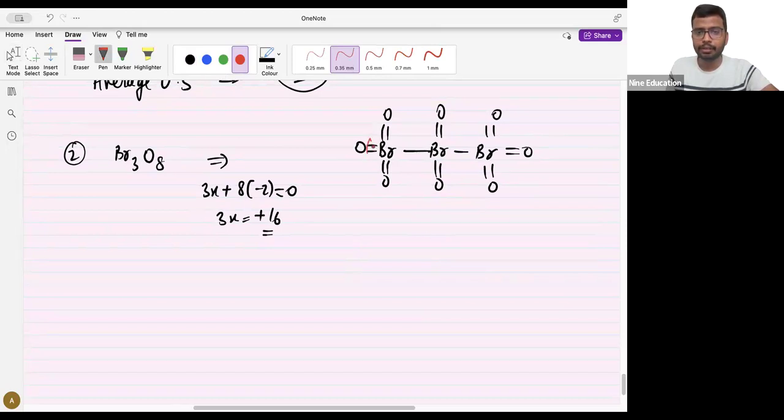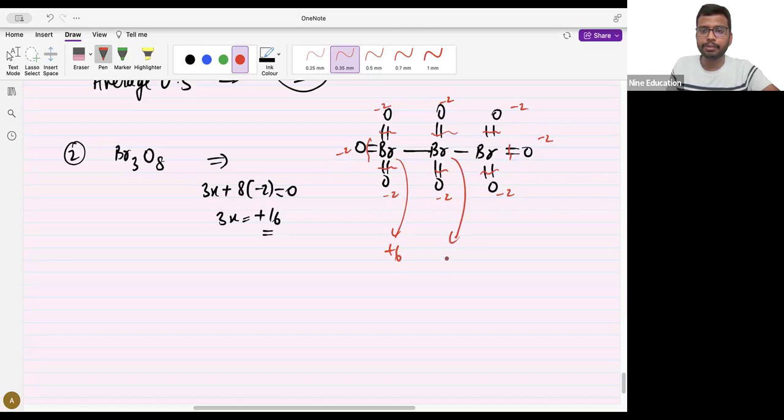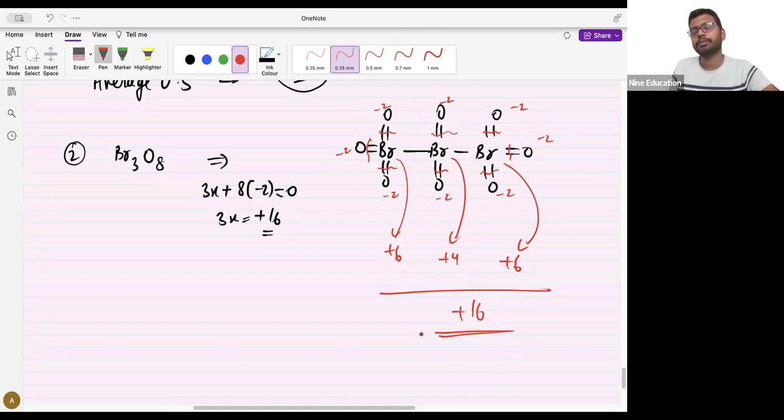Check the oxidation state on every Br. Oxygen will always be -2. See here on Br it will be -2, -2, -2 plus 6. Here on Br it will be -2, -2, here plus 4, and here also plus 6. Total will be 6, 6, 12 plus 4, 16.